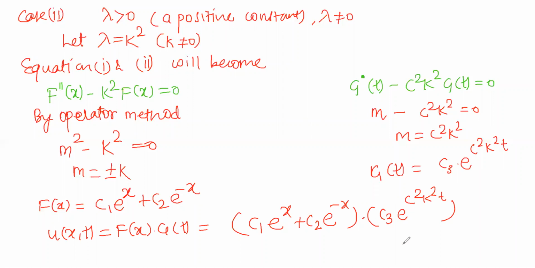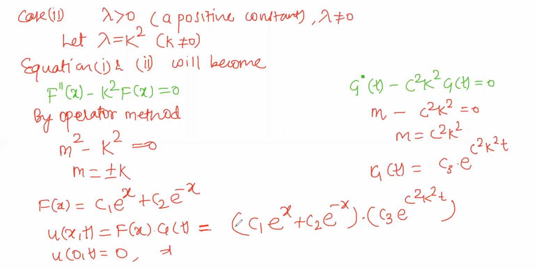And now I have to check whether they hold the conditions or not. So I'll apply the condition u of 0 comma t equals 0. Let me check what I'm getting here. So in place of x, I'll be putting 0.